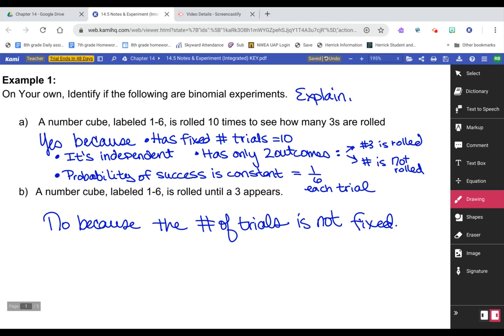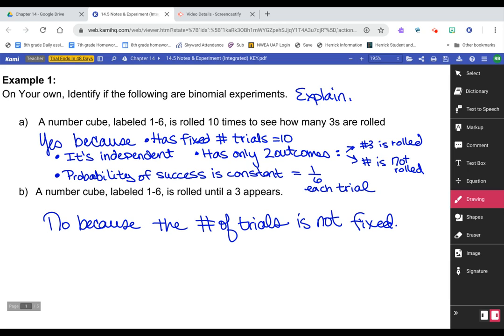For part A in example 1, the answer is yes, it's a binomial experiment because if you're going to roll a cube labeled 1 through 6 and you're going to roll it 10 times to see how many 3s are rolled, it does have a fixed number of trials. That's 10 of them. It's independent. Whatever you roll on the first time does not affect what you roll on the second time.